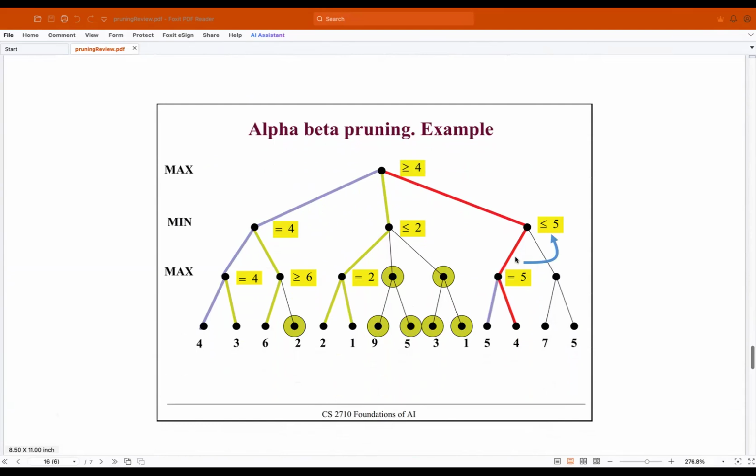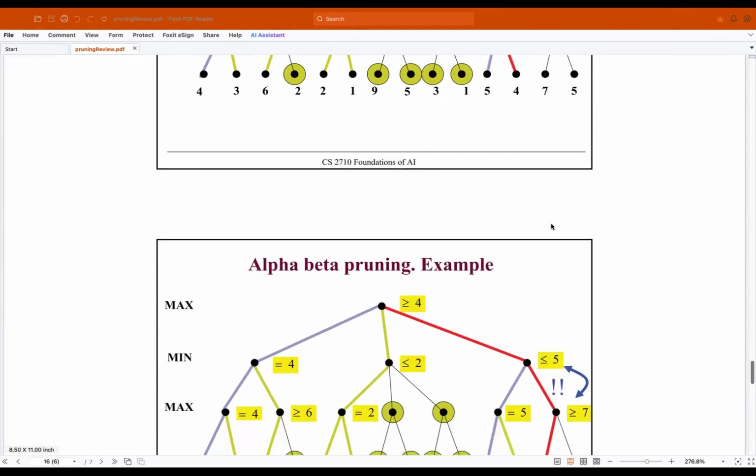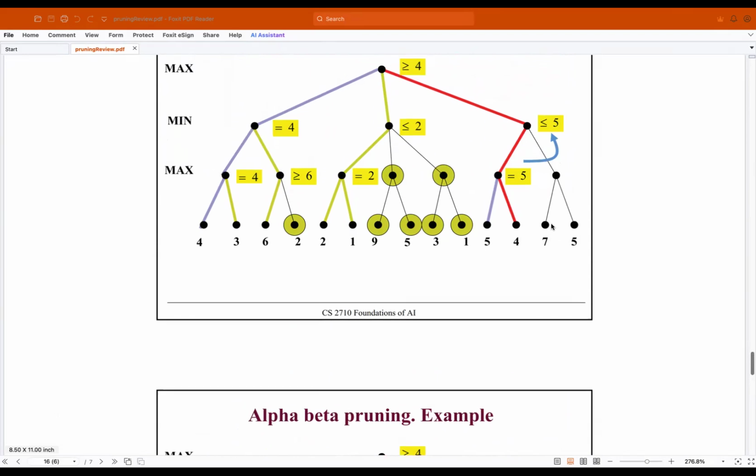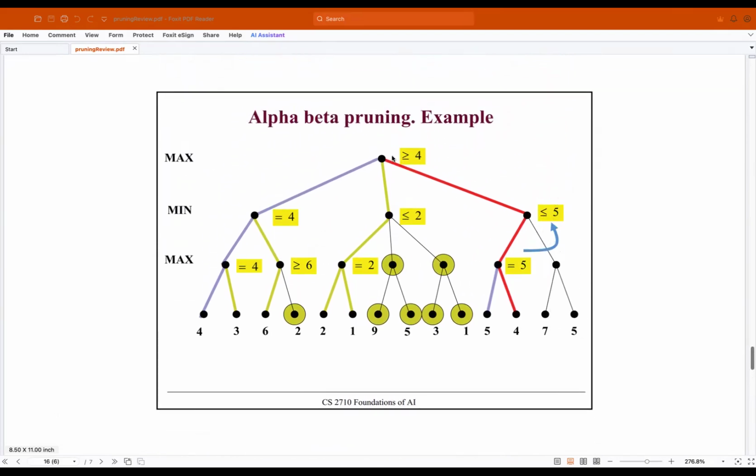Then we take this one up, and we put an estimate of less than or equal to 5. Then we come to our rule: at the alpha level, don't expand any child nodes once you see an evaluation that is lower than the alpha. But lucky for us here, this is promising. It's greater than alpha, meaning coming this way is promising for the agent. So we'll consider these other ones.